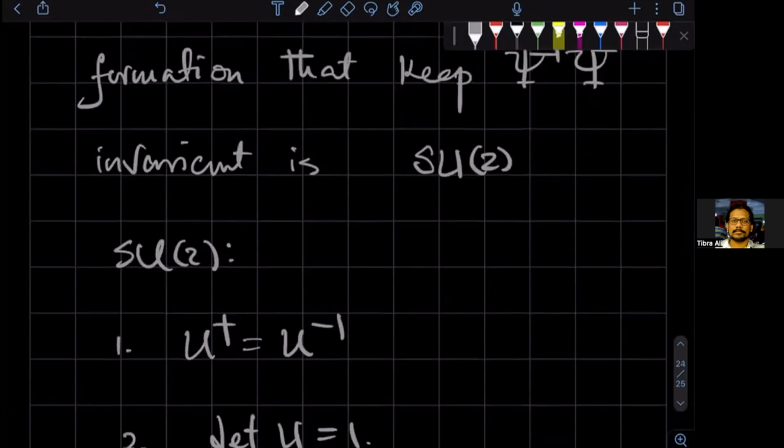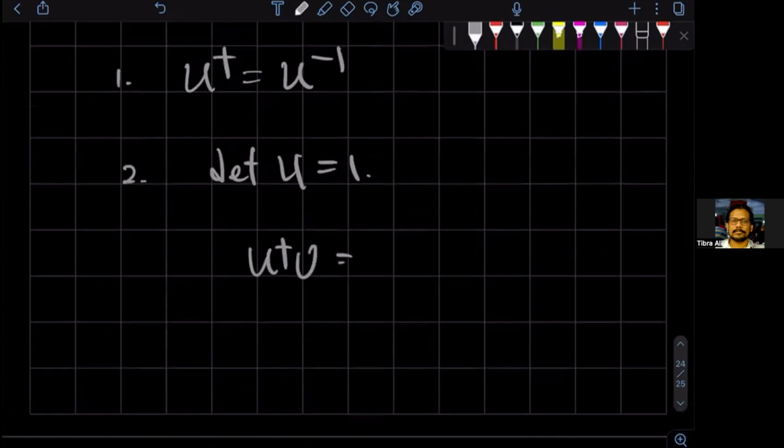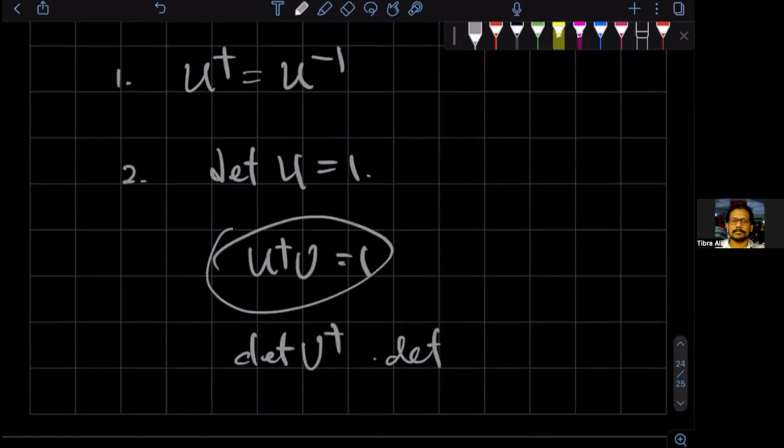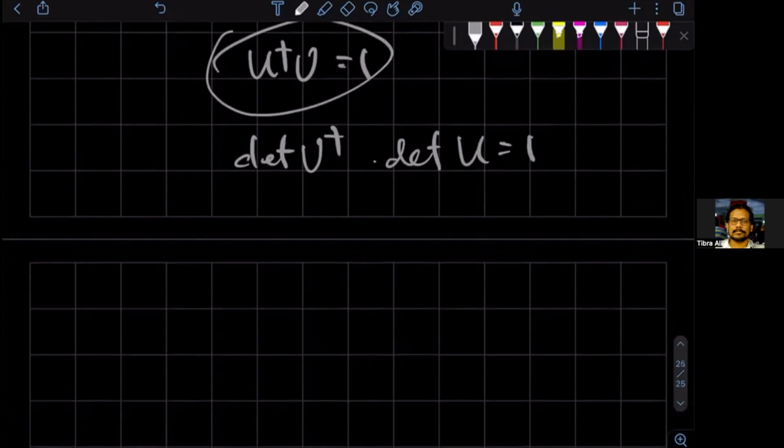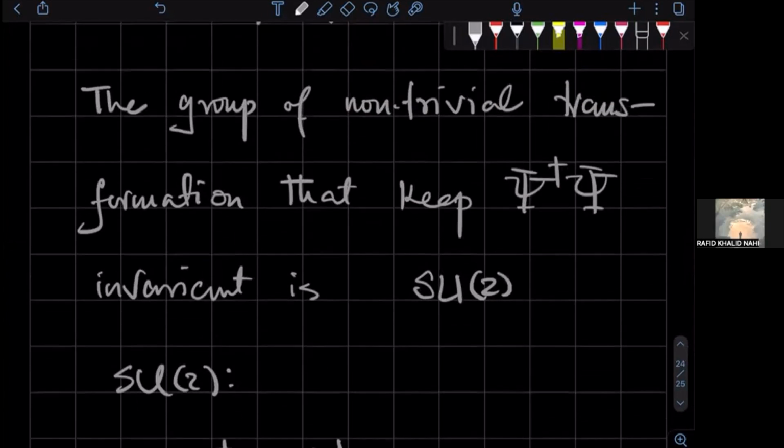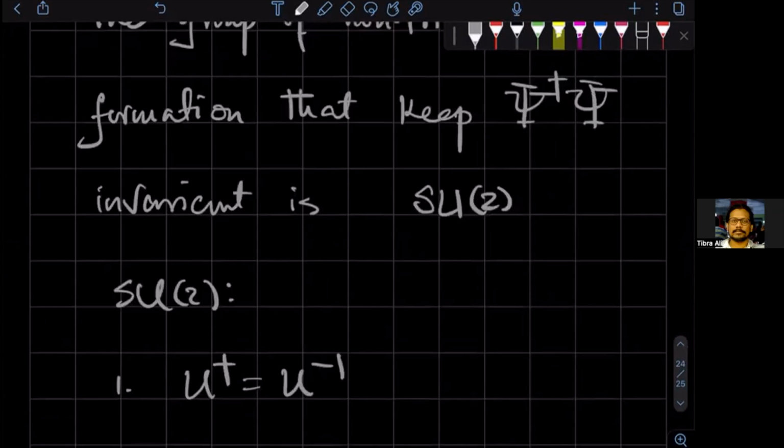If you look at U dagger U equals 1, the original condition we had, and you take the determinant of that, then we have the determinant of U dagger times the determinant of U is 1. So it means that the magnitude of the determinant of U is 1. So in general, it can be any phase. Yeah, exactly, that's the whole point. So we are fixing the phase to 1. The magnitude is 1, and we are saying that the phase of the determinant doesn't matter.